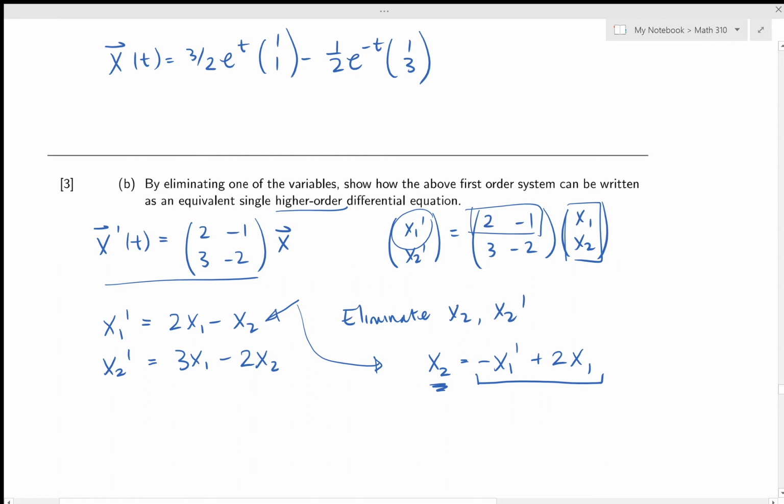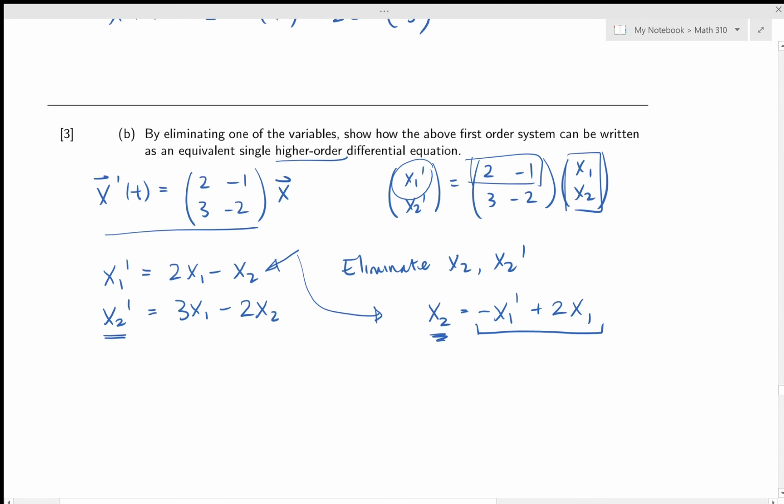What else do I know? I know what x2 prime is. Taking the derivative of this one, I get x2 prime equal to minus x1 double prime plus 2x1 prime.